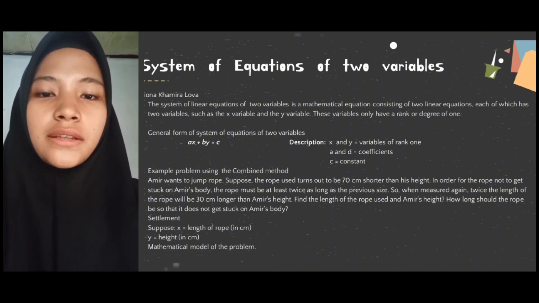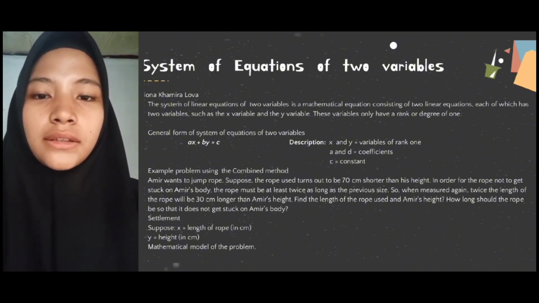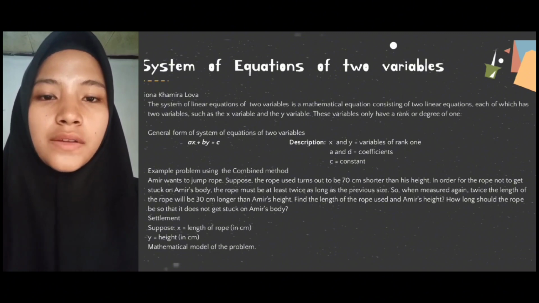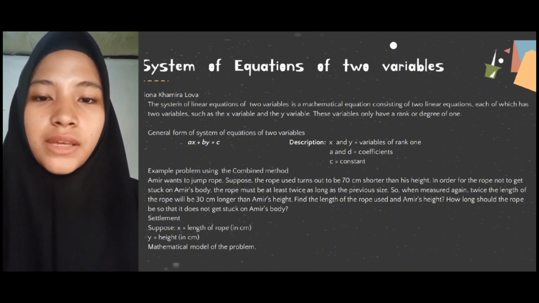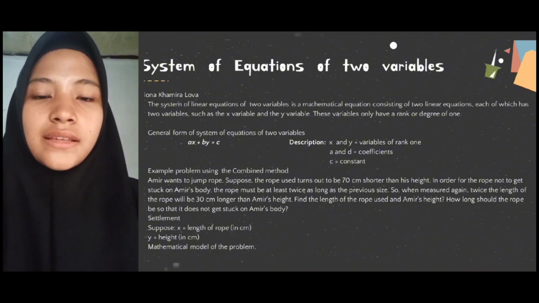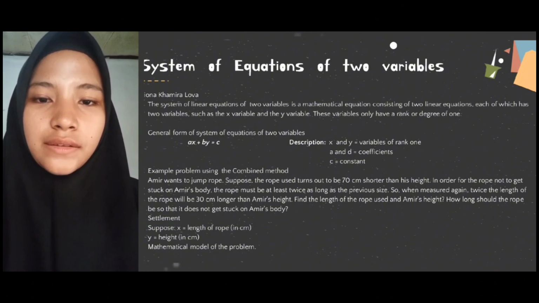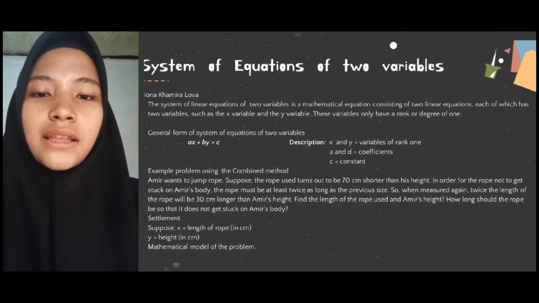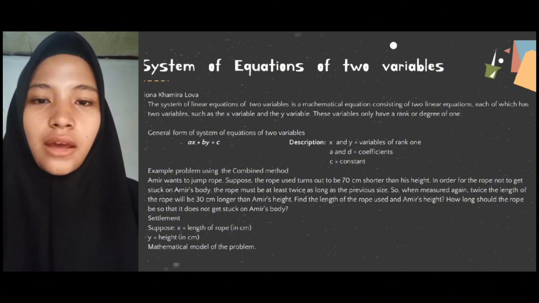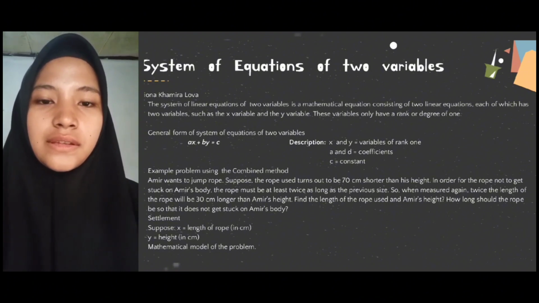Example problem using the combined method. Amir wants to jump rope. Suppose the rope used turns out to be 70 centimeters shorter than his height. In order for the rope not to get stuck on Amir's body, the rope must be at least twice as long as the previous size.